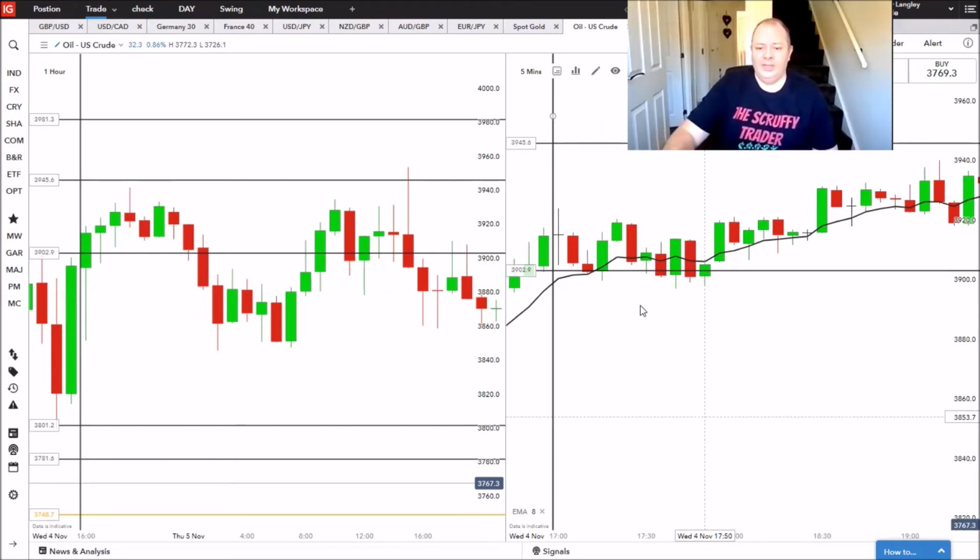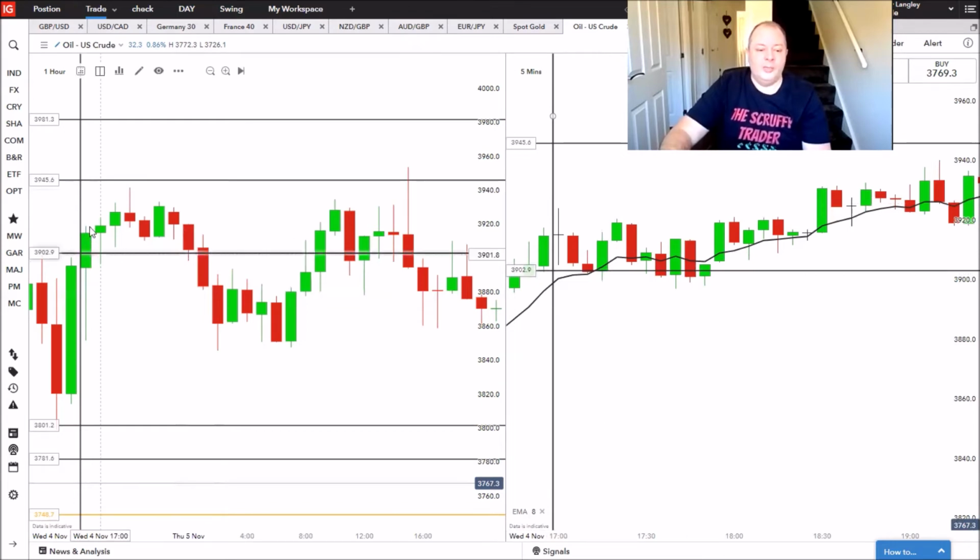So what you're doing is you're waiting for a tag of it and a rejection or an absolute break of it. So if the price is coming this way and you believe it's down, you want it to close underneath. But here, because you have broken the support and resistance level and you're looking for it to move higher, you're looking for a tag in the direction that you're going.